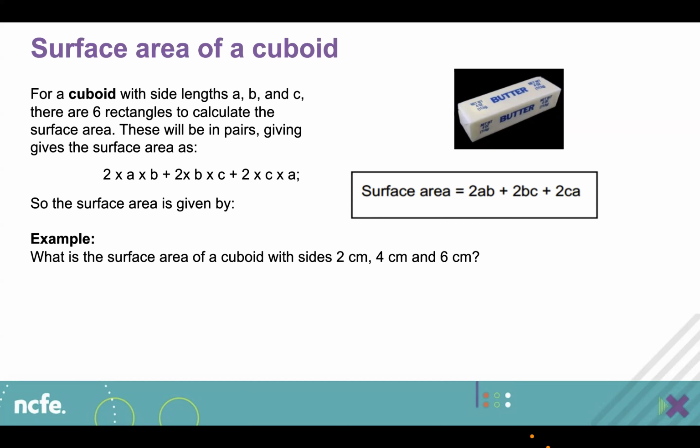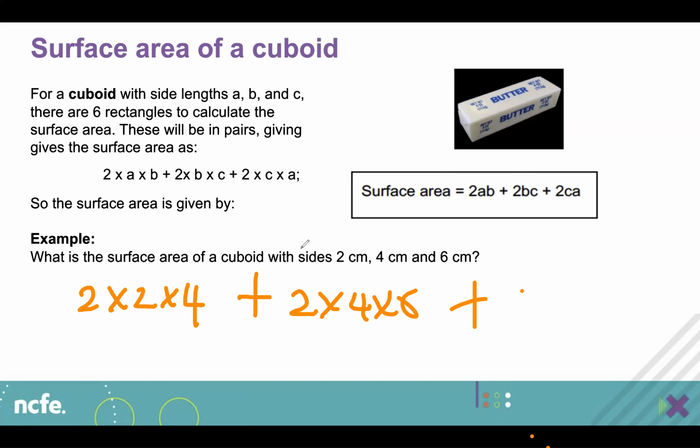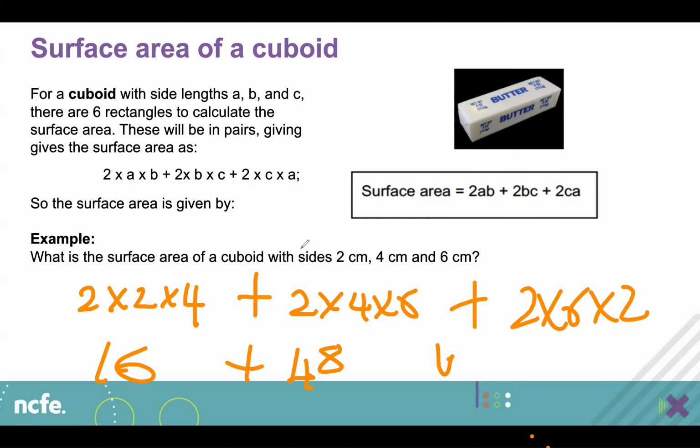So this would be 2 times 2 times 4, add 2 times 4 times 6, add 2 times 6 times 2, which equals 16, add 48, add 24.